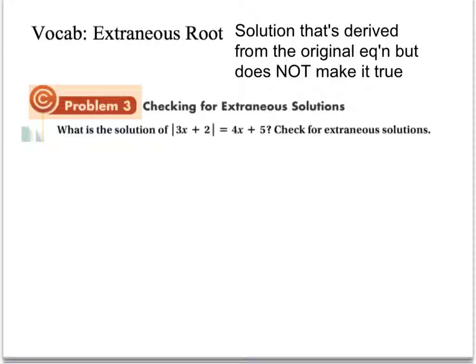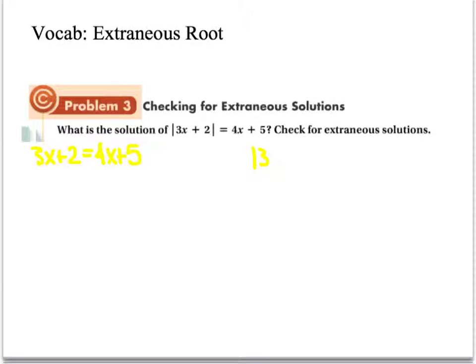So you have an absolute value here. The absolute value of 3x plus 2 equals 4x plus 5. So one of my equations is going to look like that. Now remember, for your next equation, you want to take 3x plus 2 and set it equal to the opposite of the right-hand side.